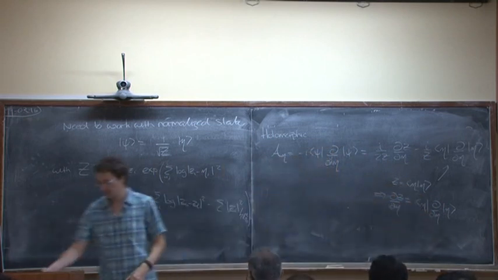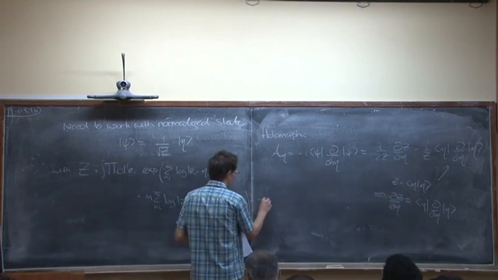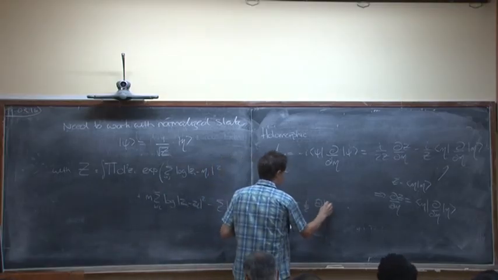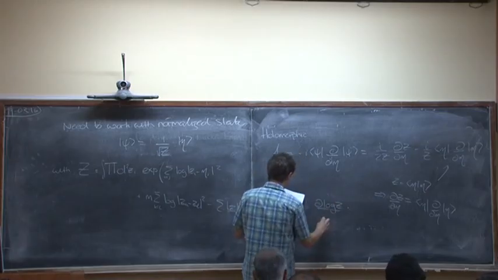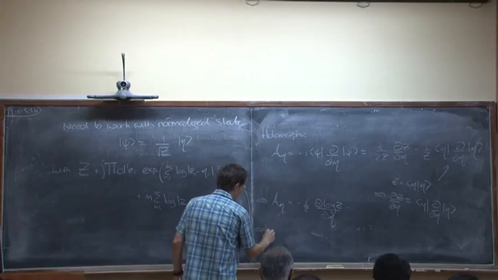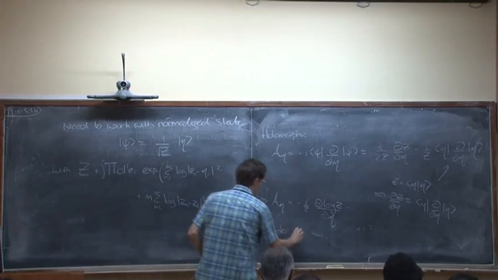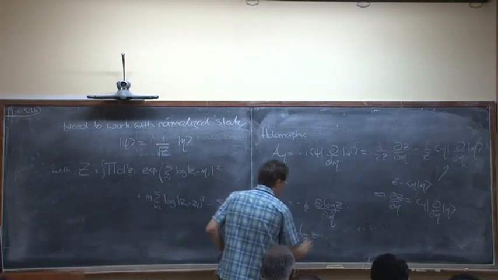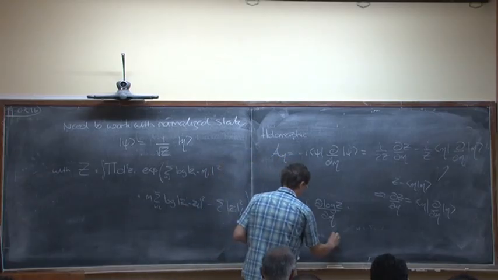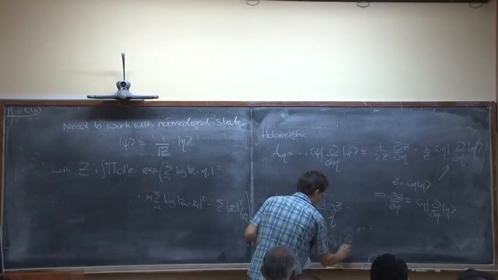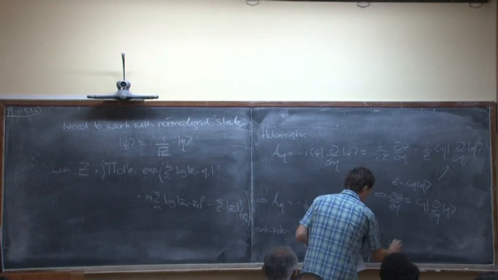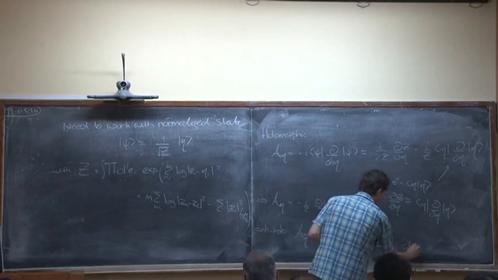So this holomorphic part you can write in terms of the log of the partition function with respect to eta. And the anti-holomorphic part you can also write as the log with a minus sign instead of a plus sign.